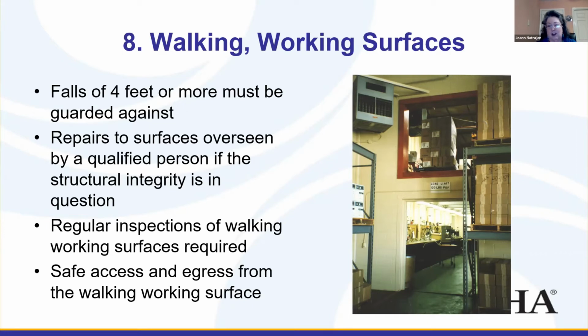Definitely more than 4 feet. So except when you're actually moving something in there, you should have some sort of guardrail up there to keep people from being able to accidentally step off.